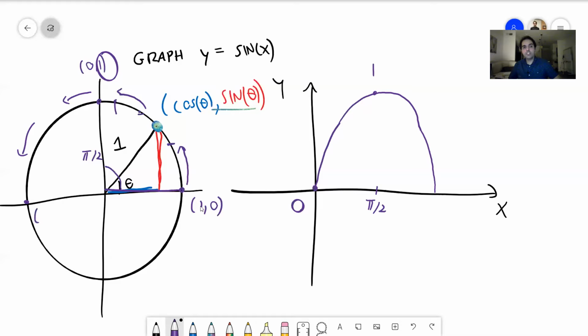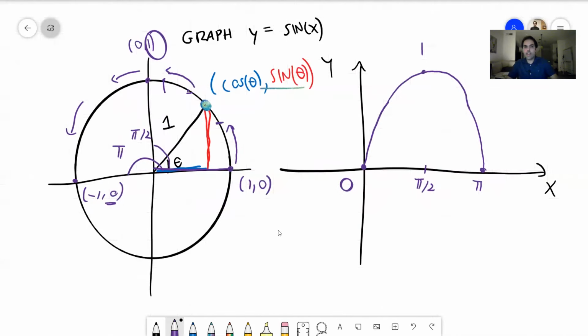Up until you reach this point, (-1, 0), where your height is 0 again. And the question is, what is the angle? Well, it's 180 degrees or pi radians. So just to recap, sine starts at 0, goes up very fast, then goes up slowly, and then goes down slowly, and suddenly very, very fast.